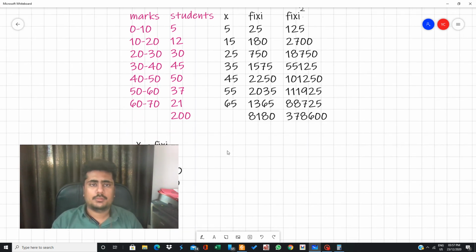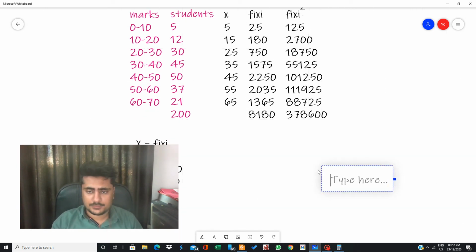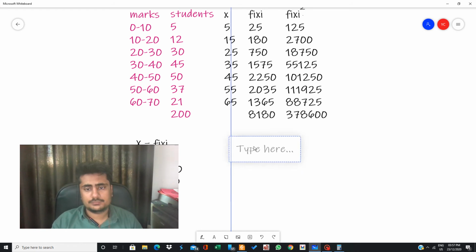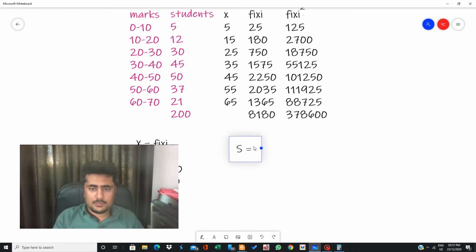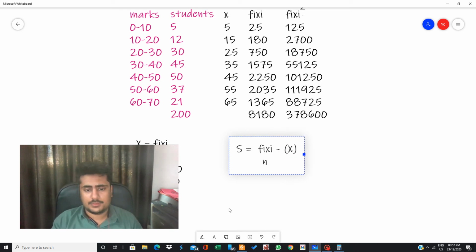Now let me find the standard deviation. My standard deviation is the root of sigma fi xi square upon n minus x bar whole square.